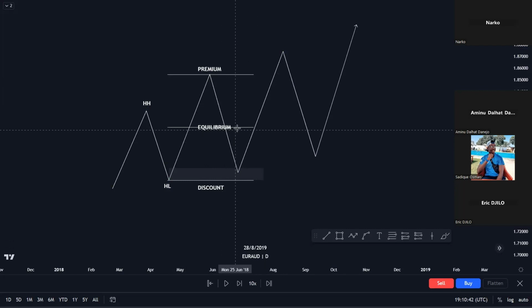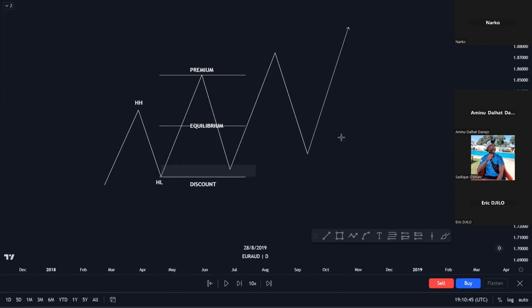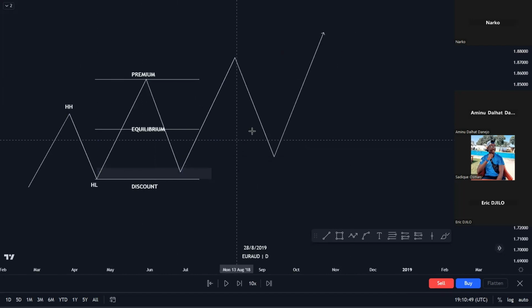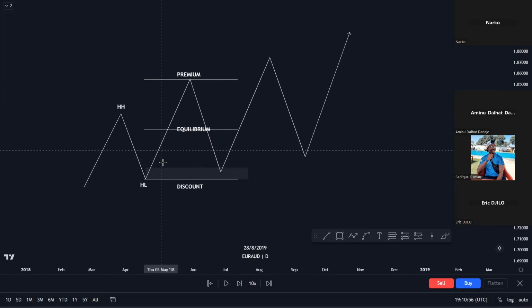Okay, so now another thing that is crucial to know is that in a bullish trend here, we're only taking buying opportunities at our discounted area, meaning that it's below our equilibrium.